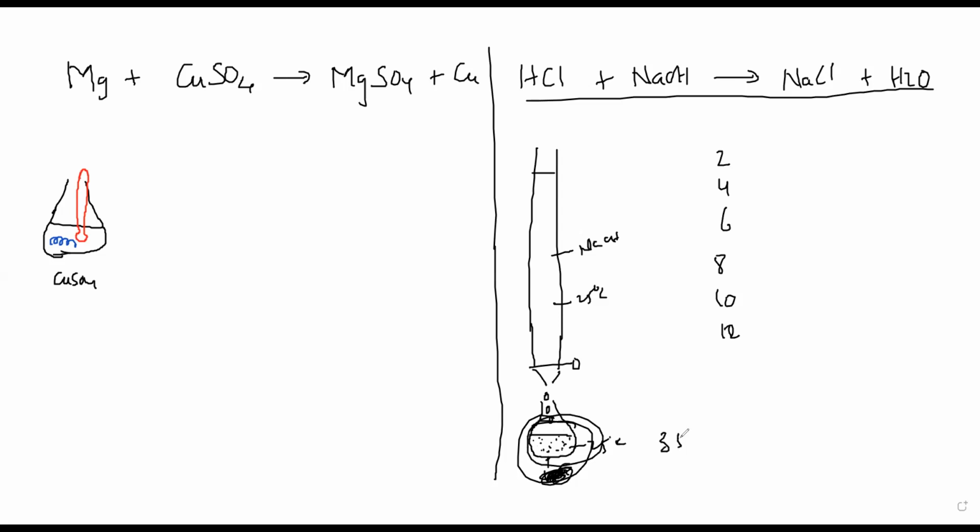Let's say its temperature is 35 degrees centigrade. Now, after the HCl is used up, am I not adding 25 degree centigrade NaOH to 35 degree centigrade solution? Am I not adding the low temperature NaOH to a high temperature solution?